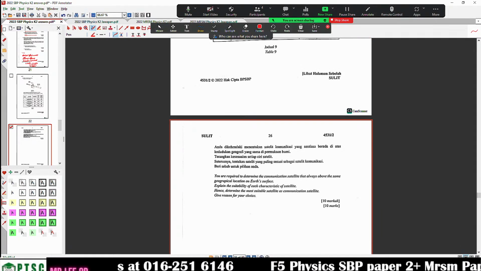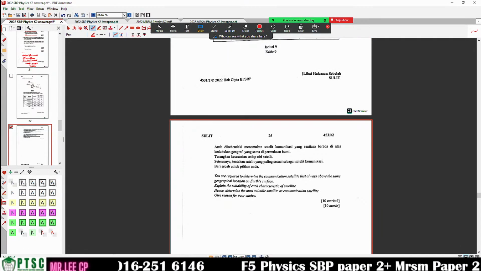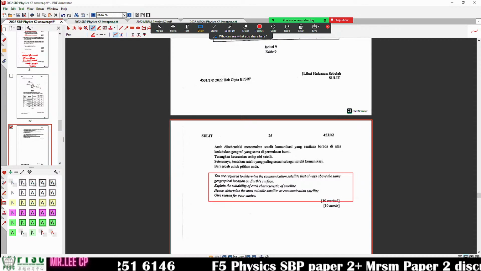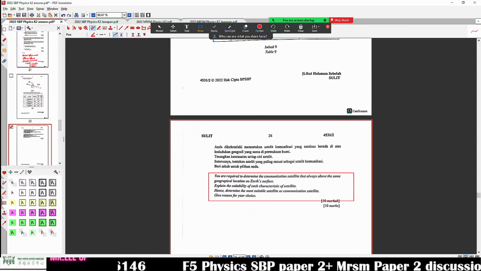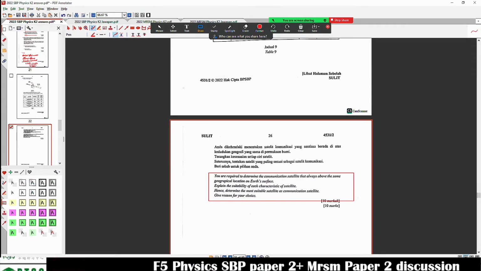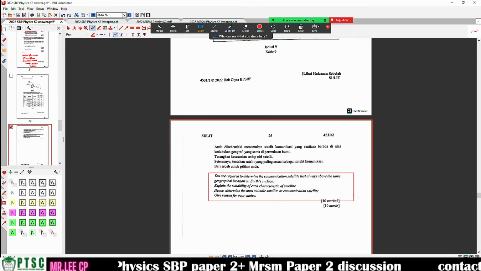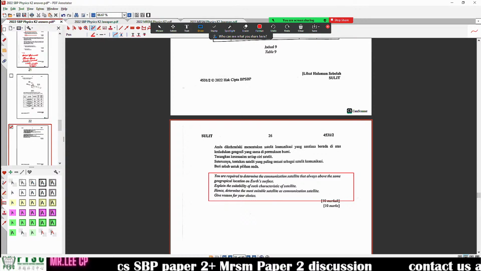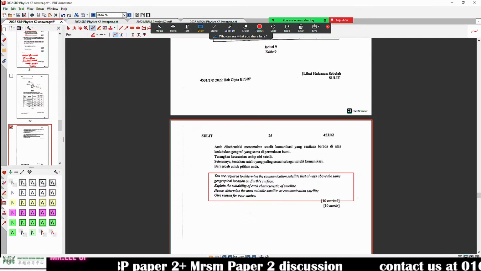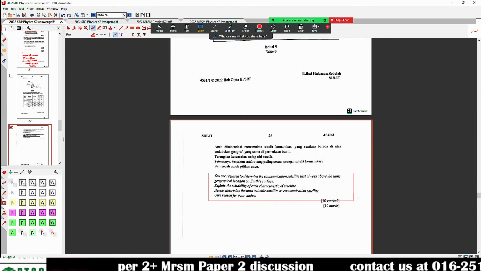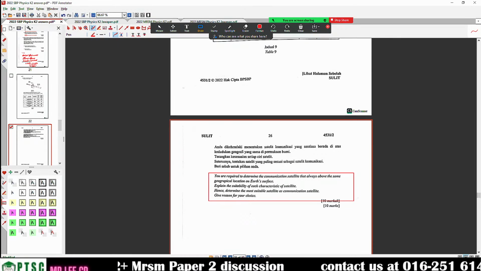The question asks you to determine the communication satellite. For communication satellites, we always use geostationary, always above the same geographical location of the Earth's surface.